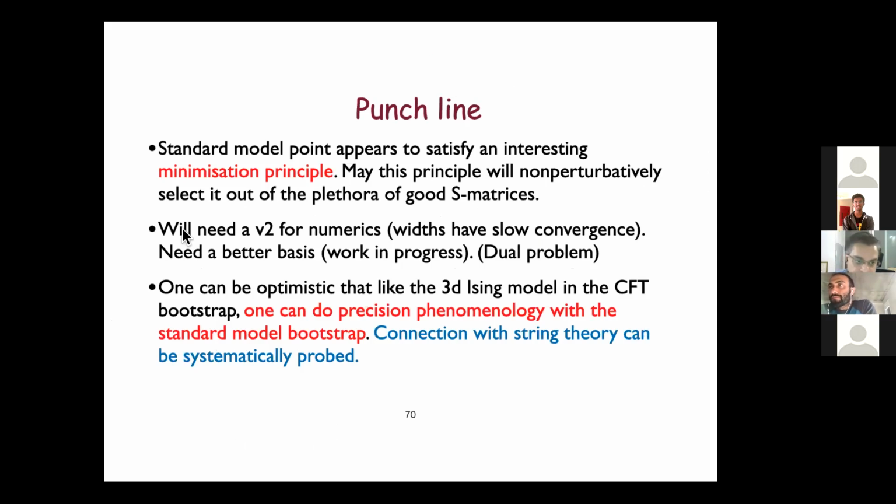We will require a version 2 for numerics, and this is where I think finding a solution to the dual problem is very, very important because, for instance, we cannot really compare the widths or the lifetimes as yet, because what we have found is that the widths have very slow convergence. So I don't know how to do that. But the hope is that once we have the machinery in place, one can do precision phenomenology with the standard model Bootstrap.